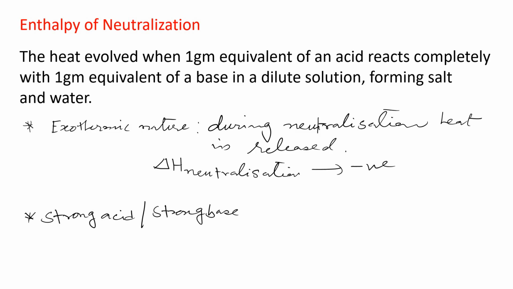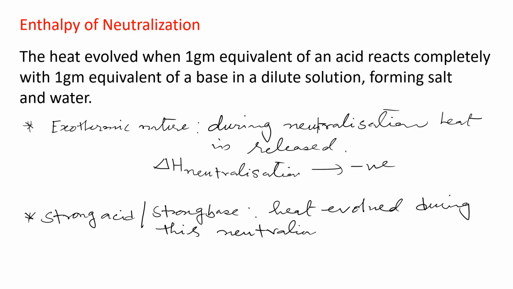That means if you perform the neutralization reaction between any strong acid and strong base, then the heat evolved during this neutralization, neutralization of strong acid and strong base, is constant, and it is equal to 57.1 kilojoule per mole.